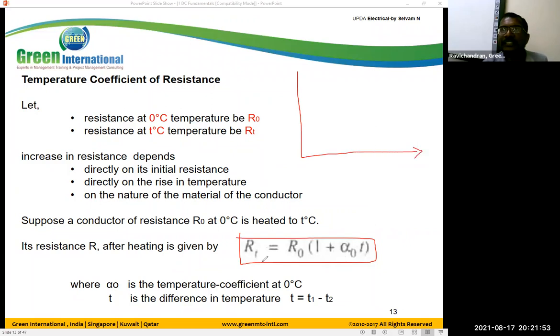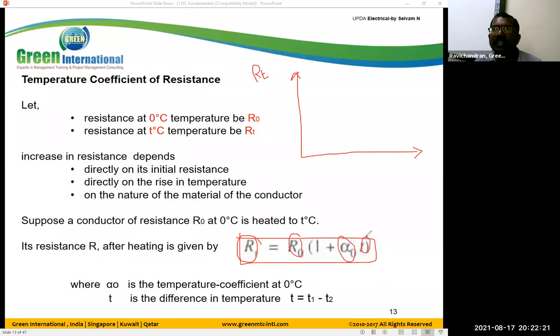So in this equation, our objective is to find the resistance at an unknown temperature. That is R_T. Is this an independent variable or a dependent variable? It is a dependent variable, so it is on the y-axis. Here we have three unknown terms.